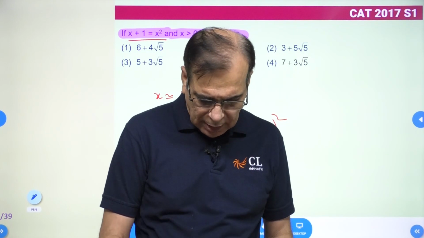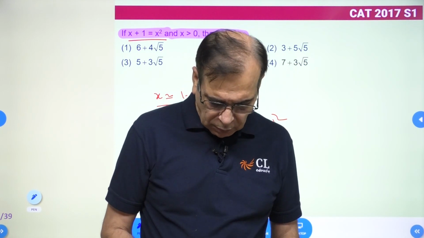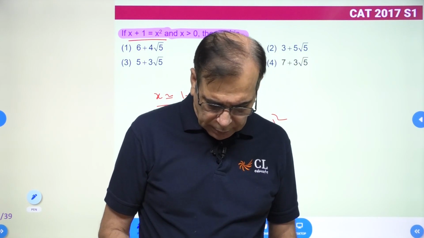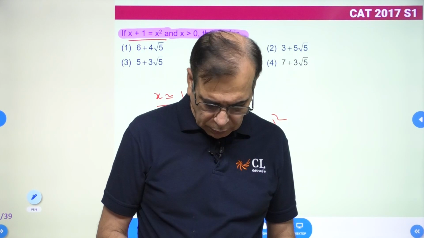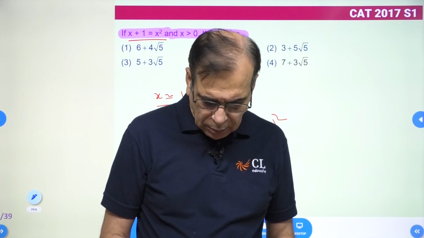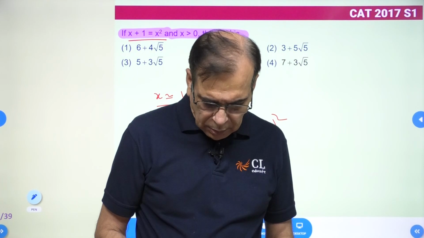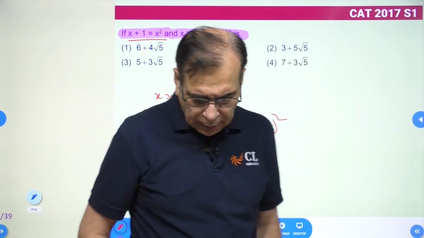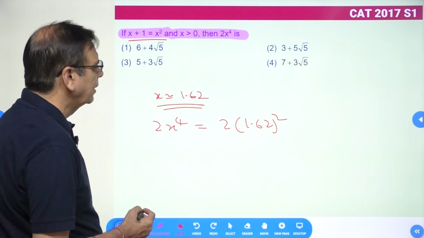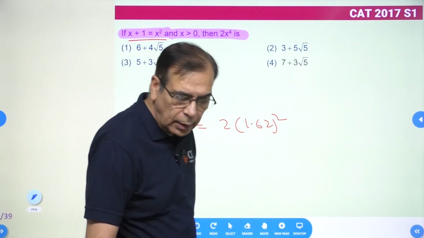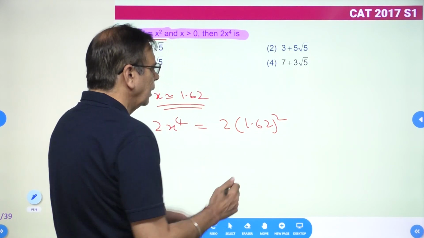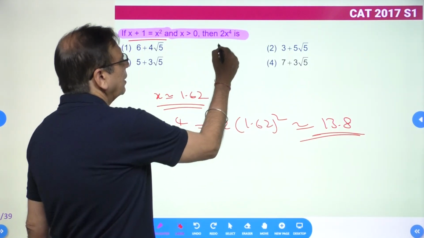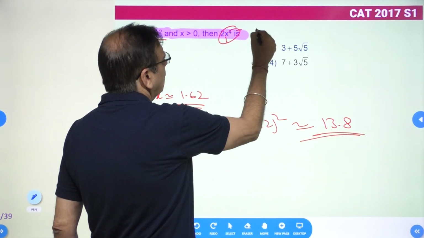So we have 1.62 into 1.62 into 1.62 into 1.62, equal to 6.887 something. Into 2, it is coming to 13.8 approximately. 13.77 something, I'm saying 13.8. As far as I'm concerned, this has a value of 13.8.